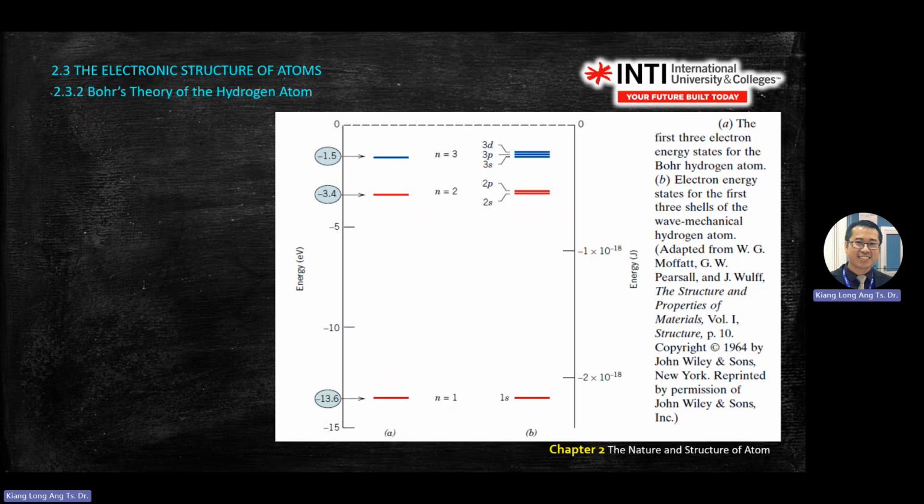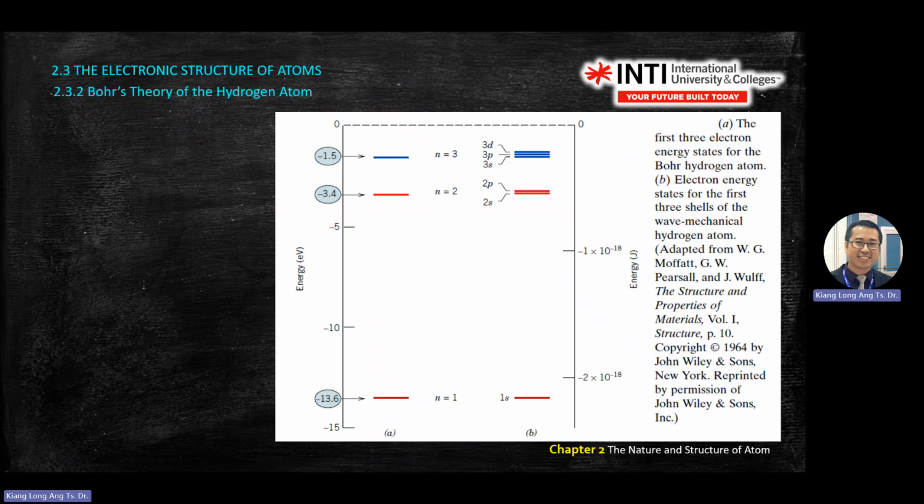What is the end position? The end position is still 1.5. You understand my question? I think the rest already understand. This is n number 3, n number 2. What is the energy at n equal 3?